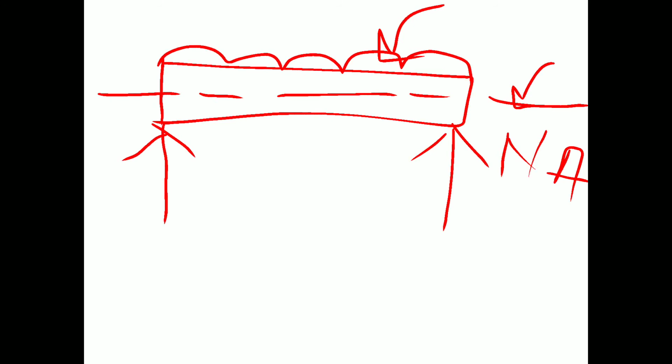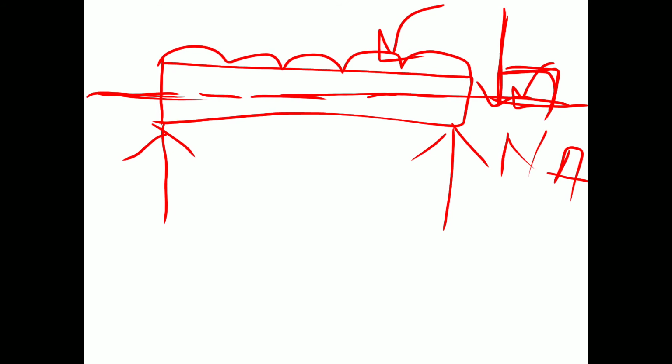Then, as per the definition of beam, it is a structural member which is simply supported over two supports, and it is subjected to the external load. That external load acts transversely to the longitudinal axis of the beam. Therefore, this external load UDL will act transversely, meaning it will make an angle of 90 degrees with the longitudinal axis of the beam.